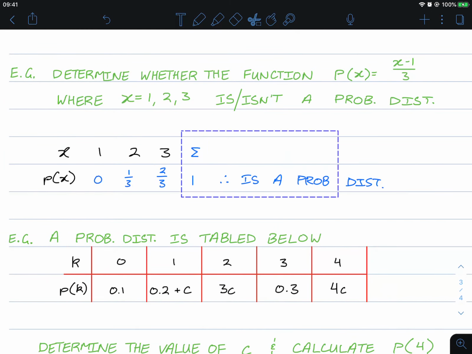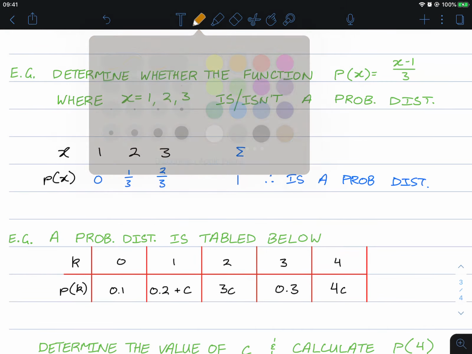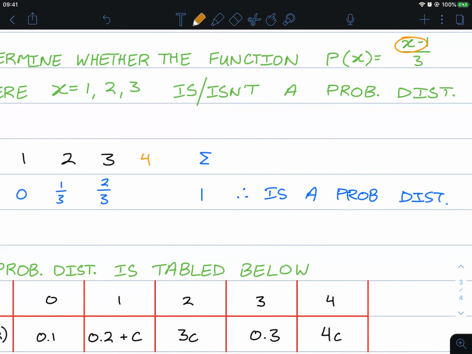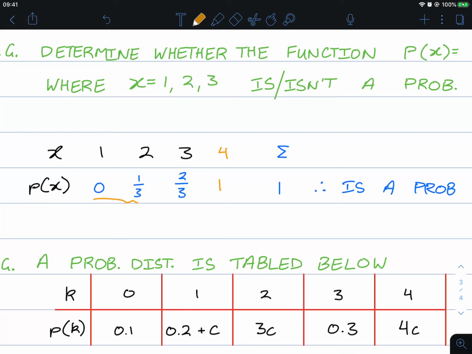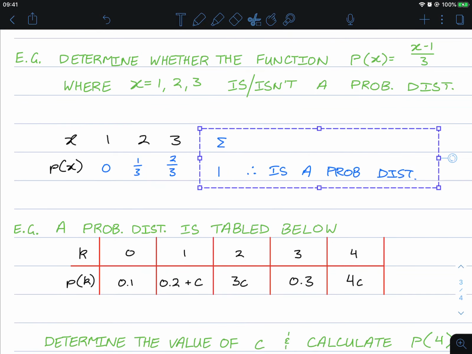If, for example, we expected one more number, let's say if 4 could have occurred, if we now substitute 4 into this function, 4 take away 1 is 3, 3 over 3 is 1, and now if we were to add all of these up, we get a total of 2. In that case, this wouldn't have been a probability distribution. In this instance, it is.